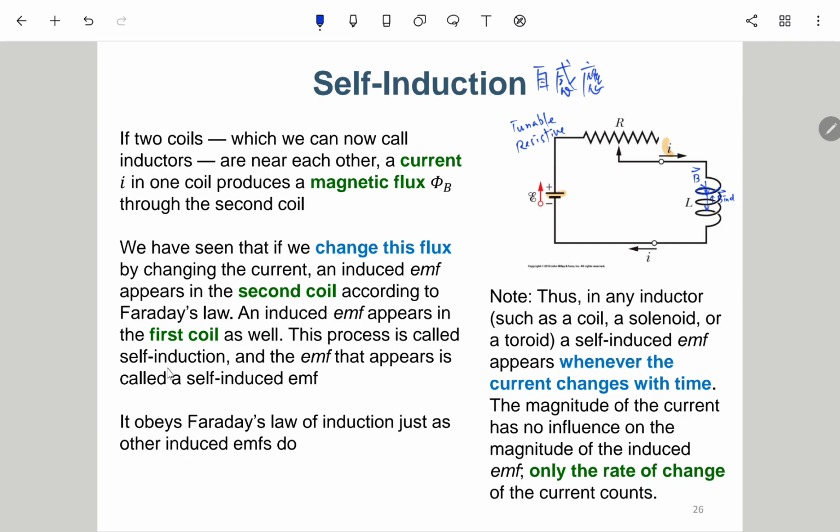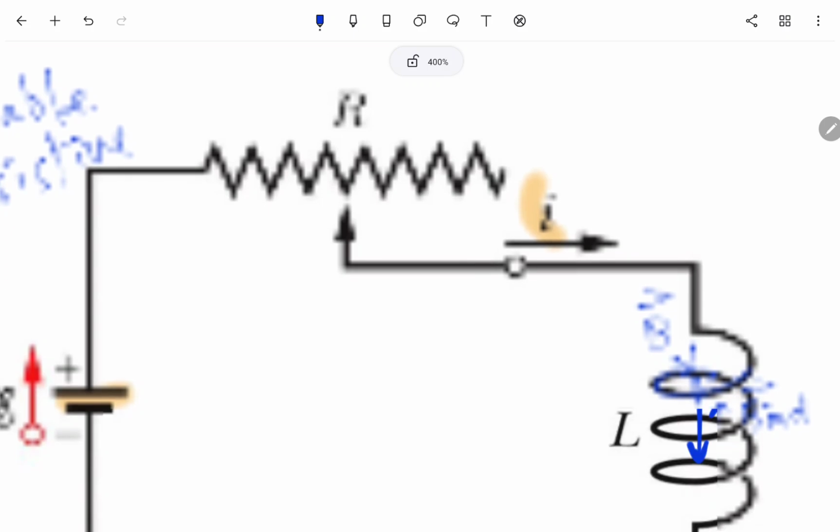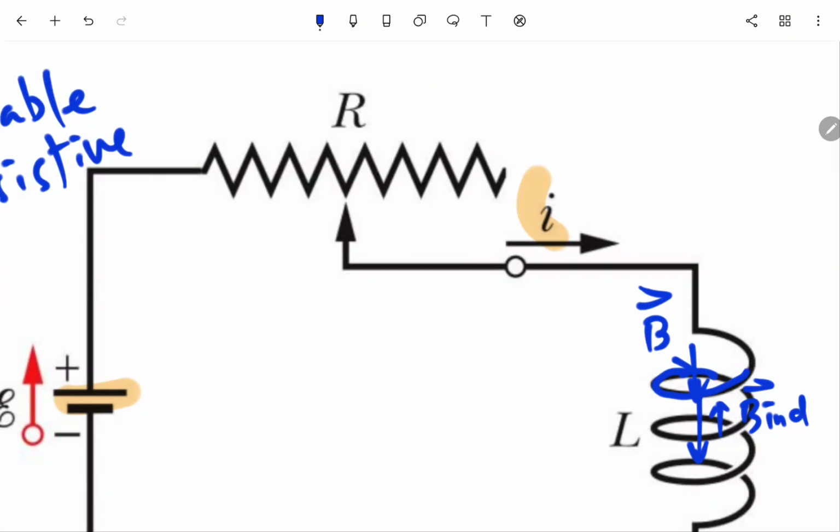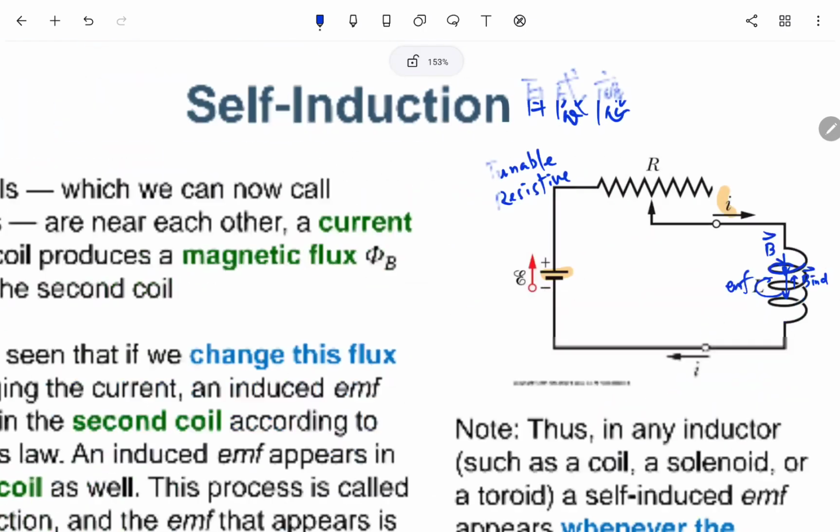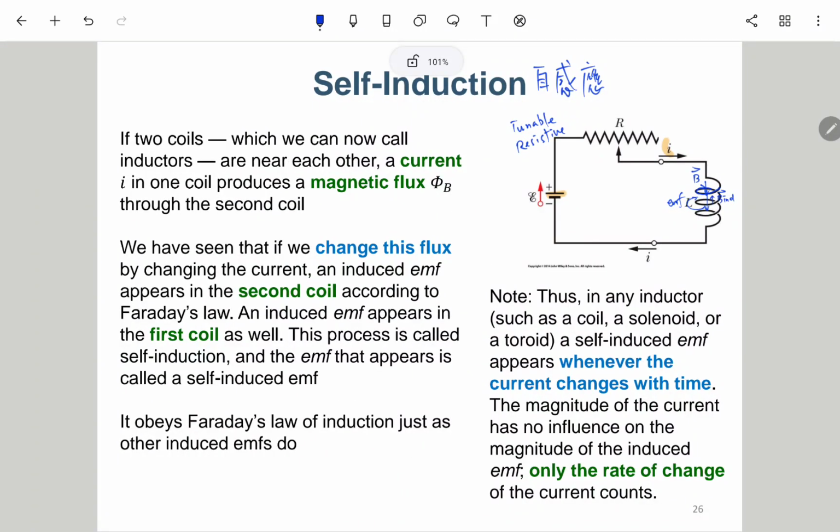This process is called self-induction, and the EMF that appears is called the self-induced EMF. According to this B induced and the right-hand rule, the EMF will be in the opposite direction to the original current.